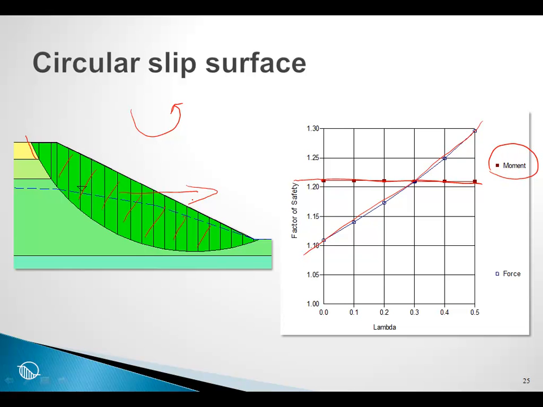And this is why the Bishop factor of safety for circular slip surfaces is often very, very close to a Spencer or Morgenstern-Price method, again, if the slip surface is circular. The Janbu simplified is different because it depends on the interslice shear and satisfies only force equilibrium.